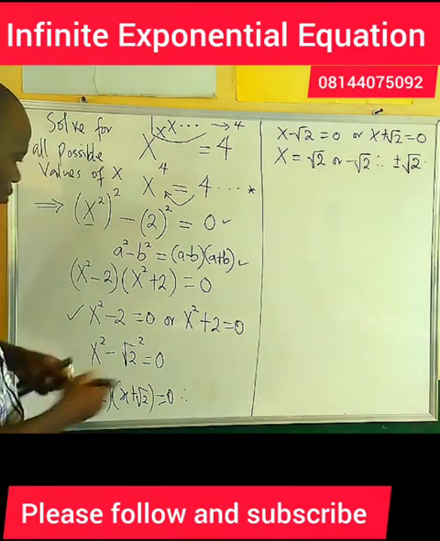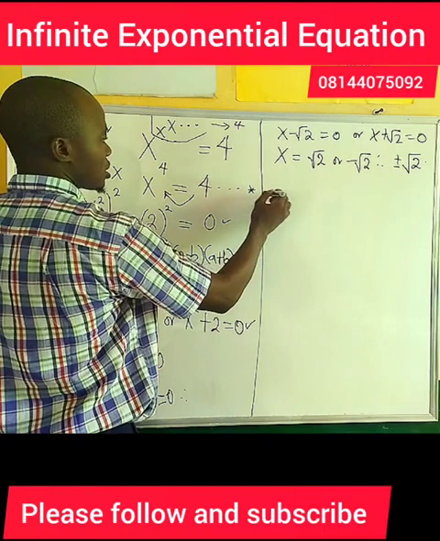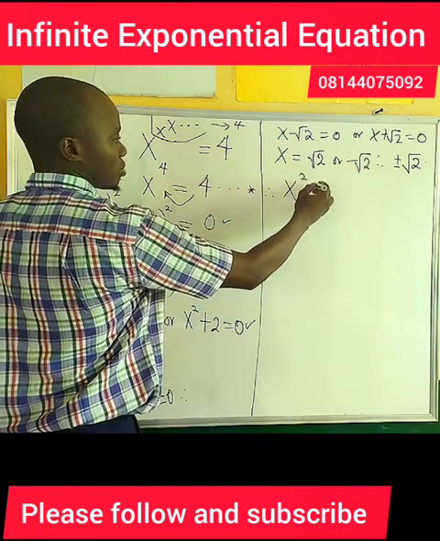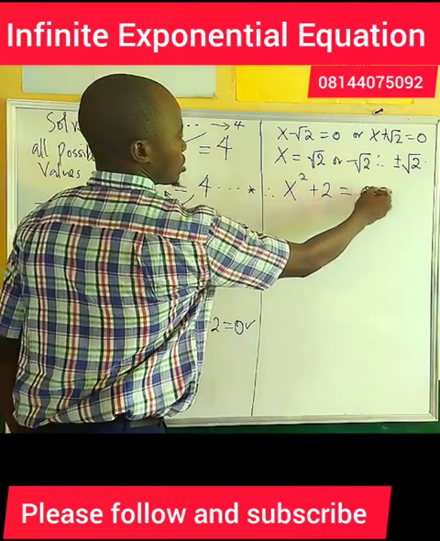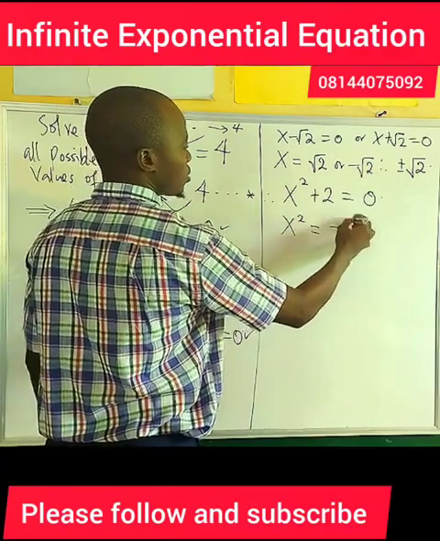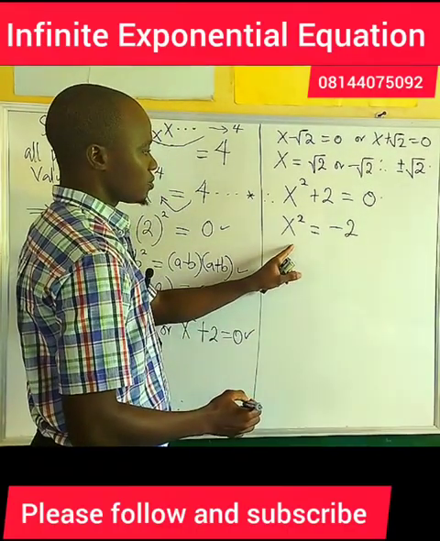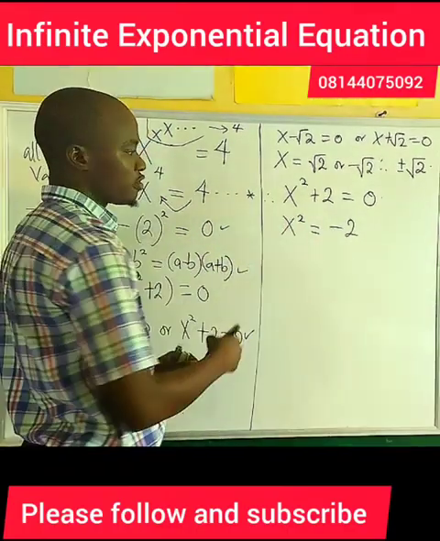Now we are going to consider the second factor, that is x squared plus 2 equals 0. Sending this to the other side, we have x squared equals minus 2. So now we take the square root of both sides.